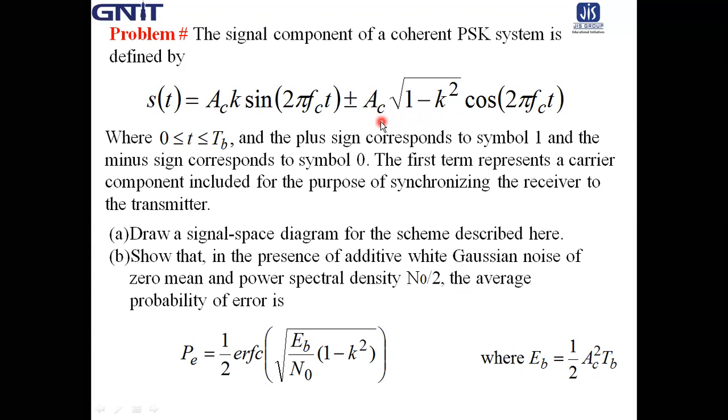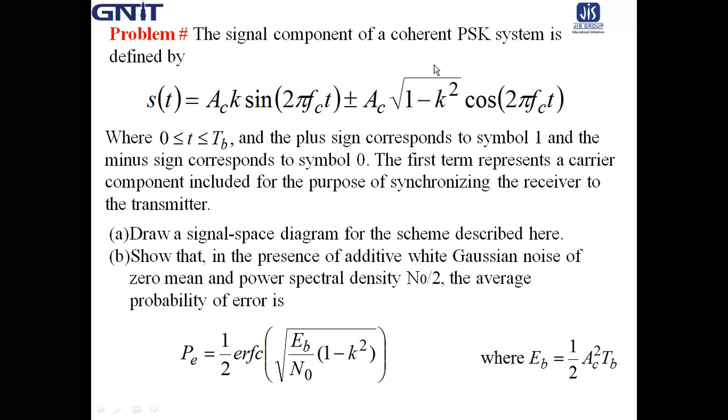Now some problems are solved, and this type of problem usually comes in the semester as well as in the GATE examination. The first problem is a very interesting problem.